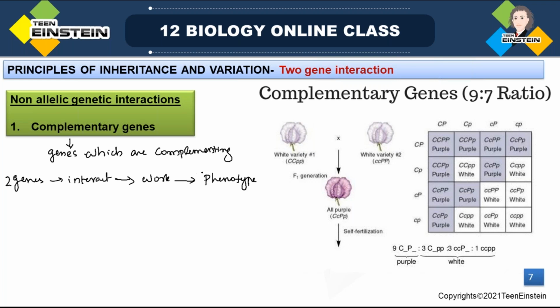As a result of that interaction, they produce a particular phenotype, or a phenotypic trait. And what is important in this complementary gene interaction? The important point is that if these genes are present alone, see here gene A and gene B, they will work together and can give a phenotypic expression.